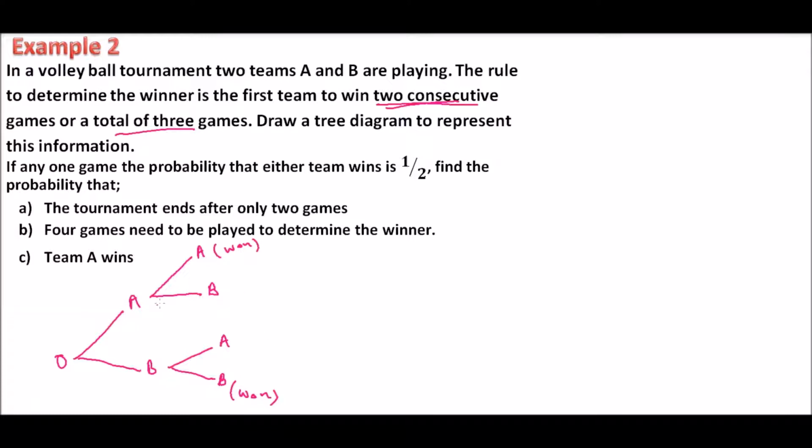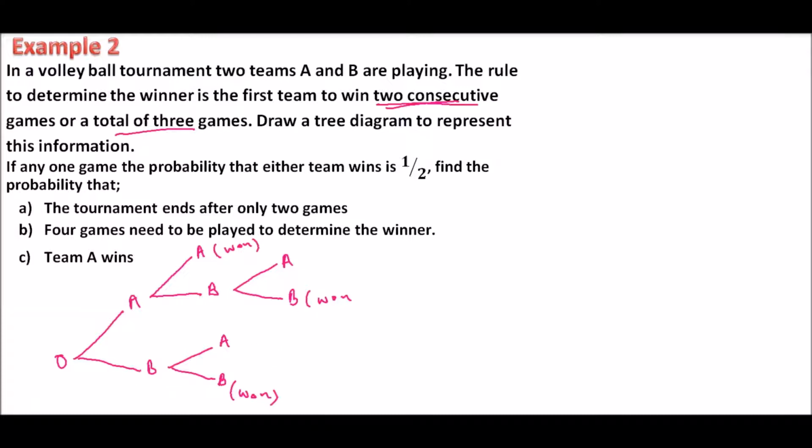We come to this branch. If A wins the first game, B wins the second, then we have A winning the third or B winning the third game. If B wins the third, it means B has won because it has won 2 consecutive games. A won the first one, but B won the second and the third.